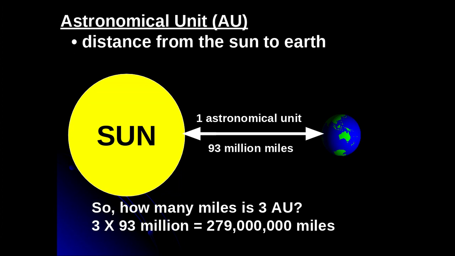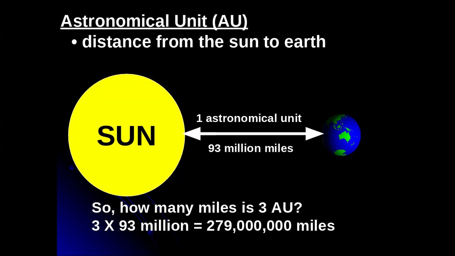Once you move beyond the solar system, you now start talking about light years. And light years, of course, are quite a bit farther than a typical astronomical unit. A light year is how far light can travel in 1 year.